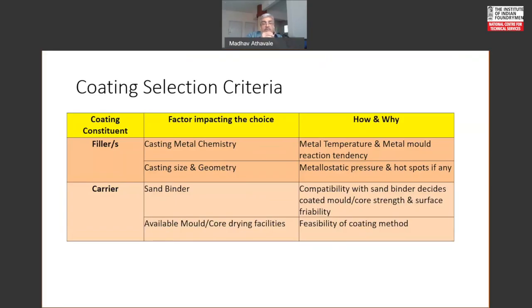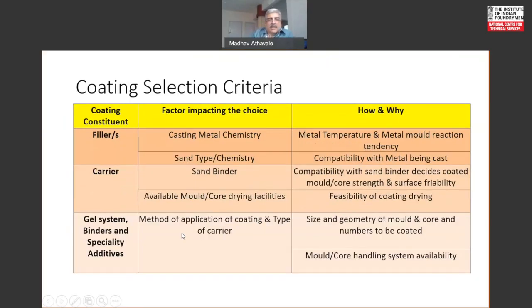It also is affected by what are the facilities available for mold or core drying post coating operation. So that also will have a bearing on carrier selection. And then method of application of the coating as well as type of carrier, they will decide the gel system.